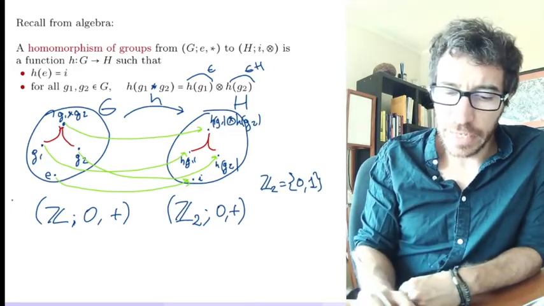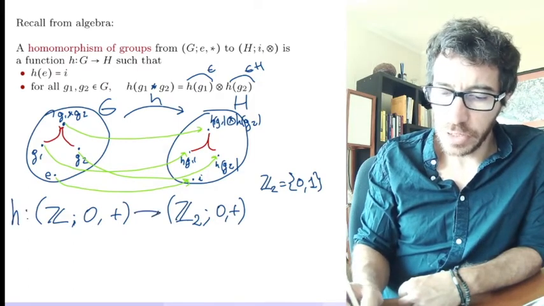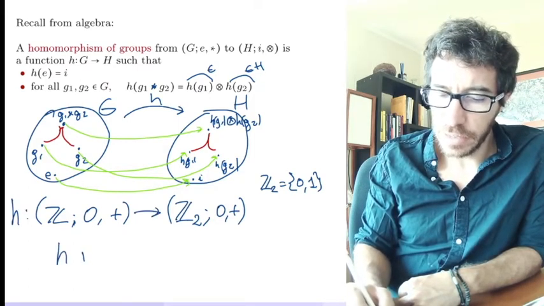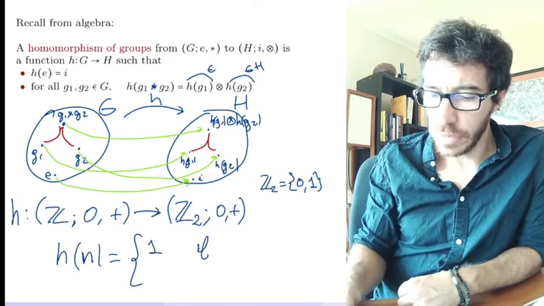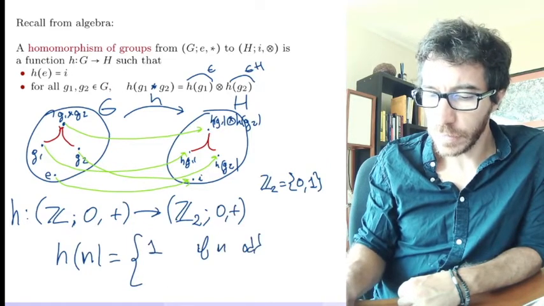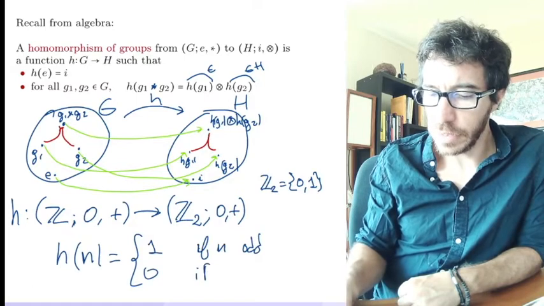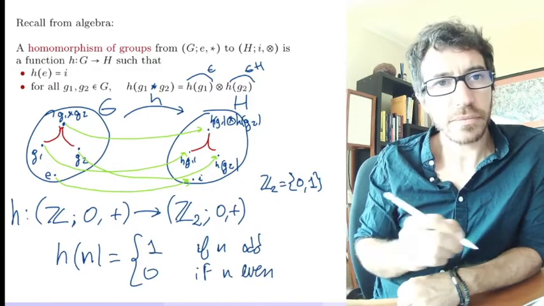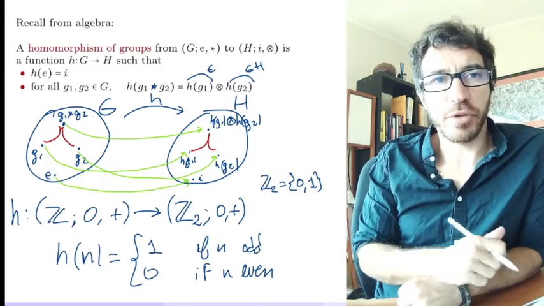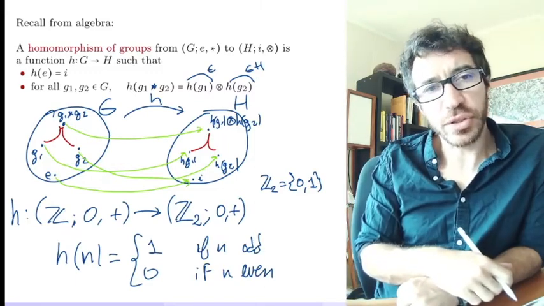We can define H from here to here by defining H of n equals 1 if n is odd, and 0 if n is even. So this is a homomorphism of groups. The 0 gets mapped to 0.